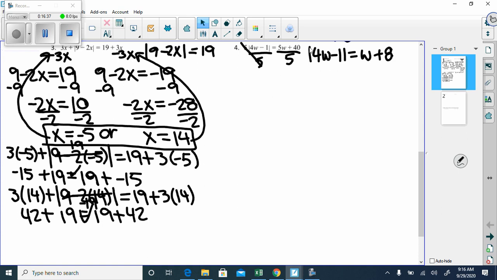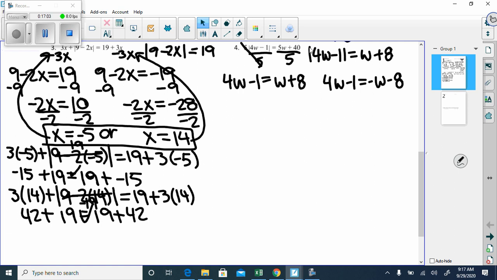So this is what I'll use to set up my two equations, right? So I'll have 4w minus 1 is equal to w plus 8. And then I'm going to have another equation that says 4w minus 1 is equal to... Good. And then I just got to solve these.